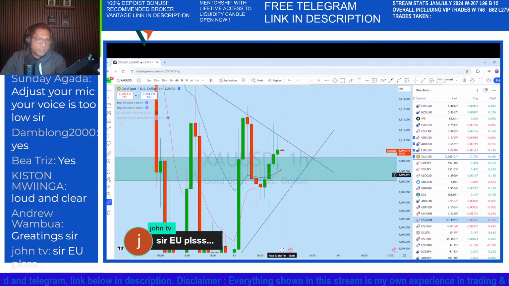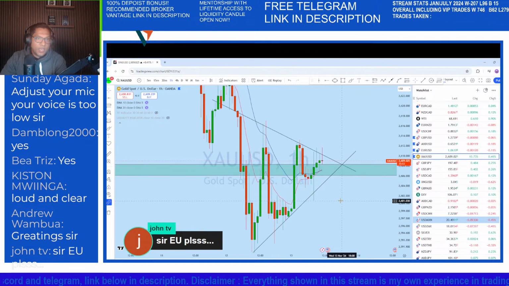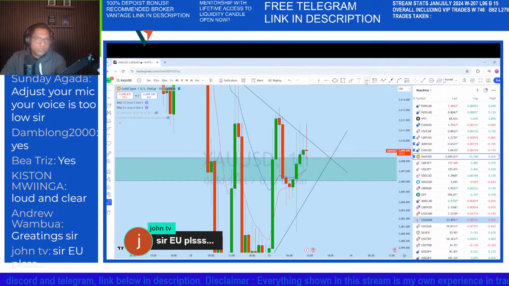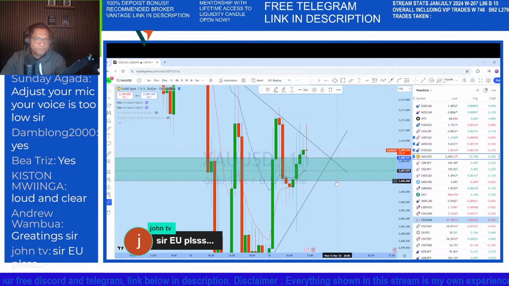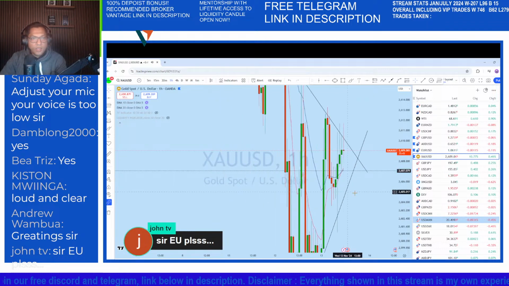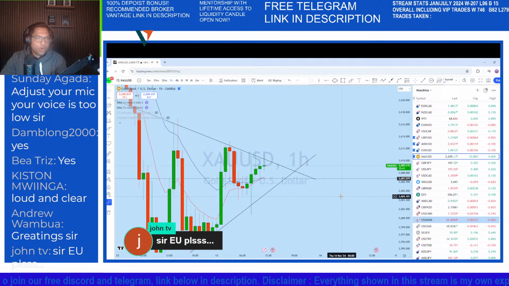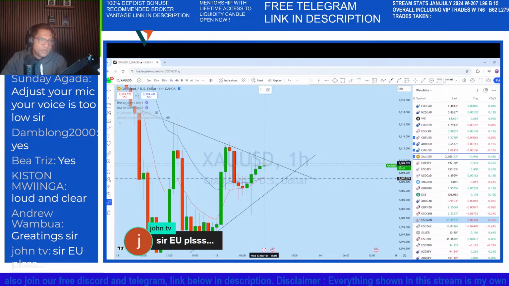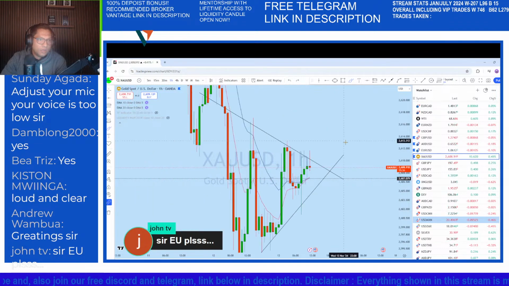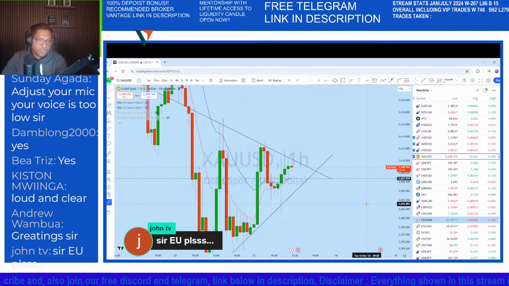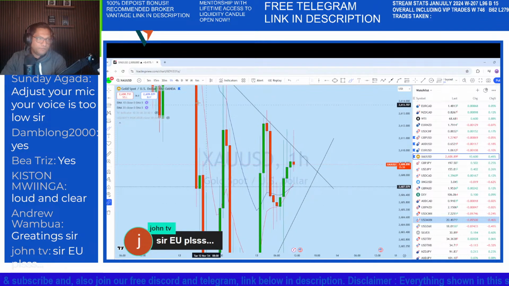This is where there is liquidity, and this is the previous 1 hour support level on XAUUSD. If the market manages to break down below that previous 1 hour support, that's where we will be looking for a potential entry after price action confirmation, if we see that.